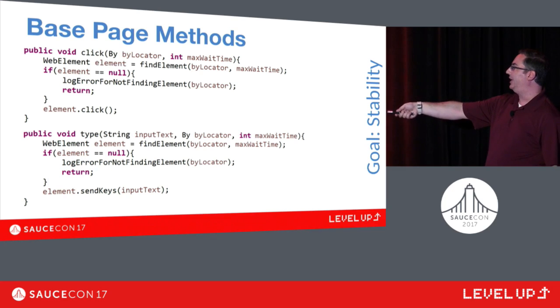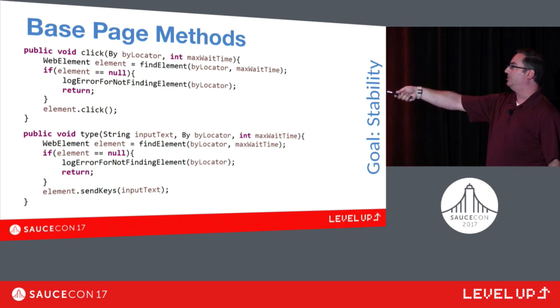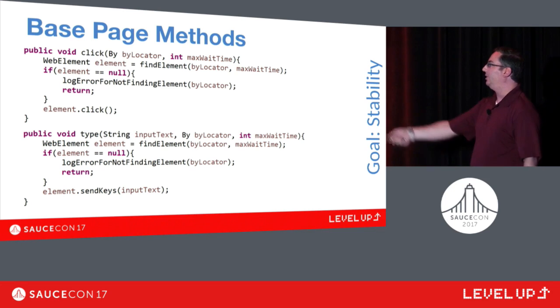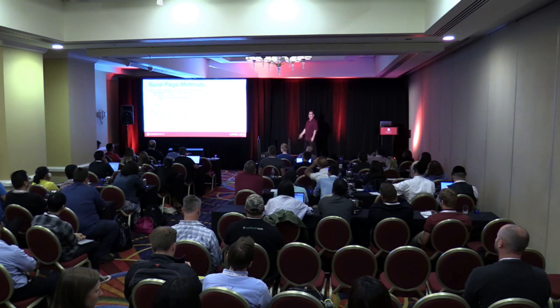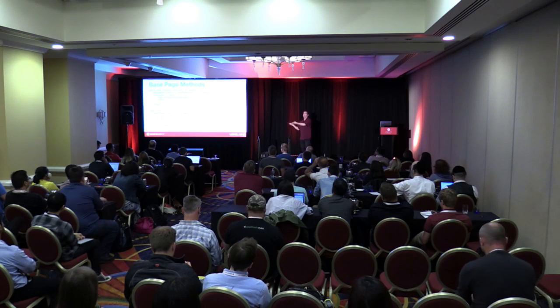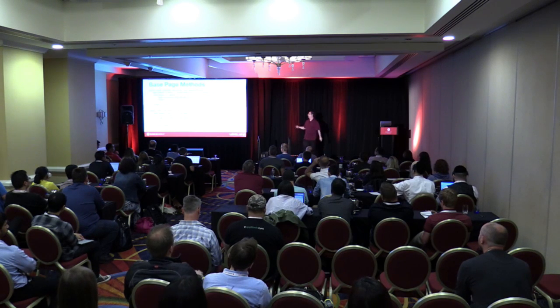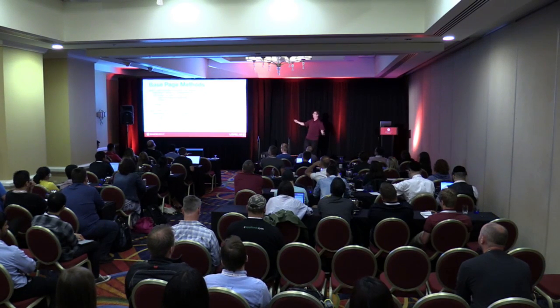They both are calling find element and then saying, hey, if the element that returned value is null, meaning that the element was never enabled to be enacted with, then we're going to do something like log error for not finding the element. Now again, this method can be implemented however you want within your company. You can very easily make it say something like, hey, we tried to find this particular locator on this particular page because we wanted to try to click it, but the element wasn't found.